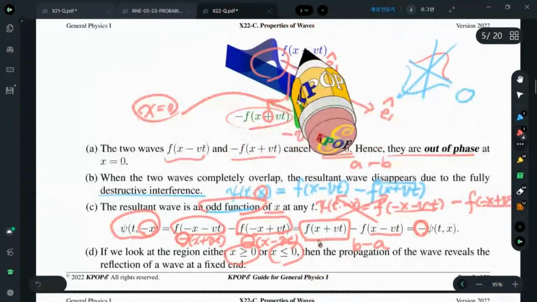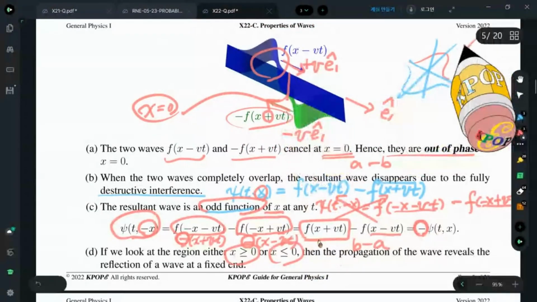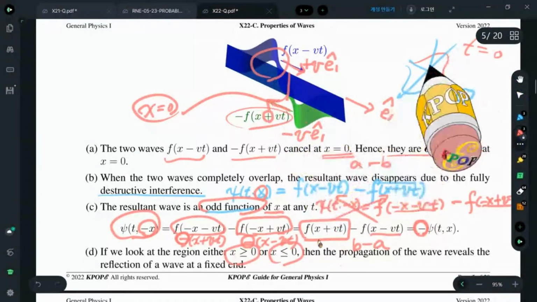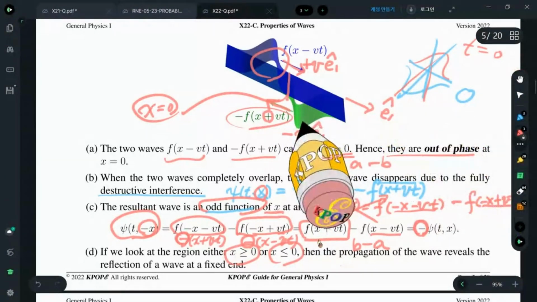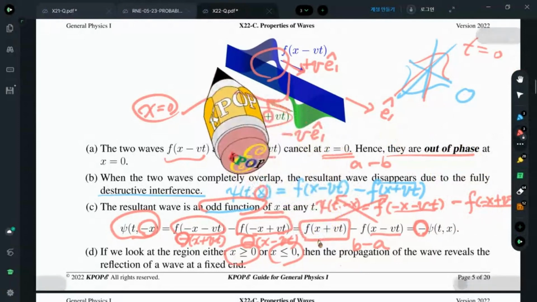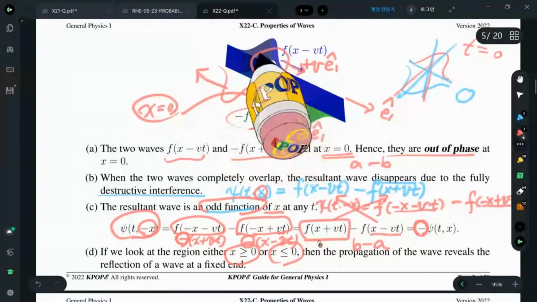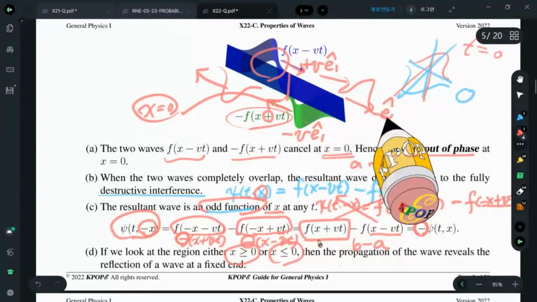Okay, just as time goes by, at t equals 0, these two resultant waves completely disappear, and then after that, this green one goes backward in this manner, and this blue wave goes further to the right.